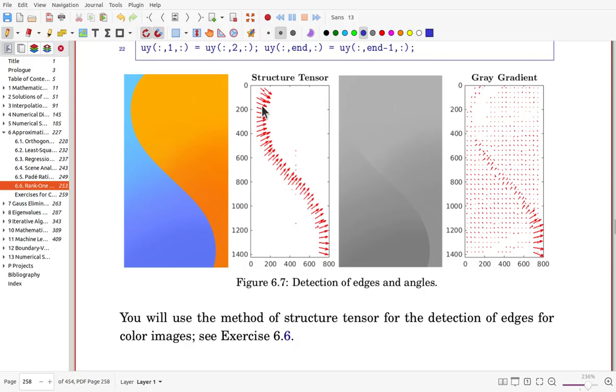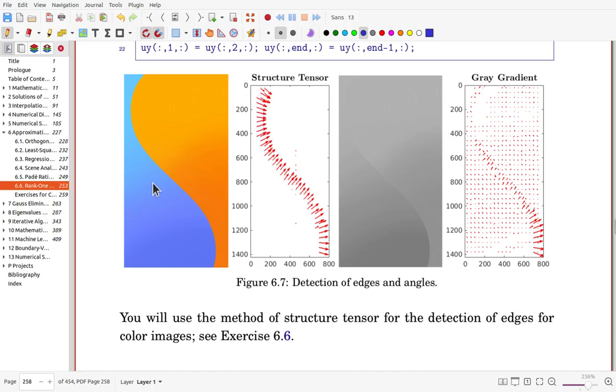So the output of the structure tensor is making this plot quite nice. And during the computation, it's a little bit averaged so that in this area, there's no observable direction, which means that only along the boundary it made really good edge detection.